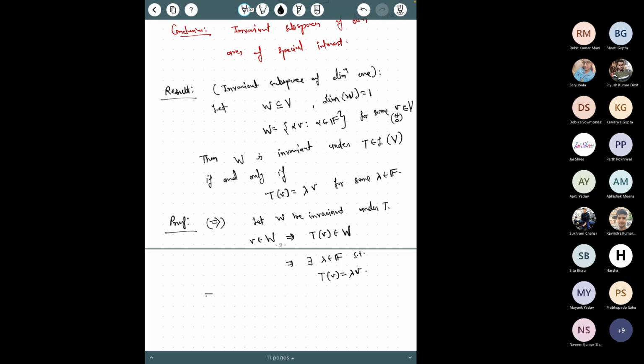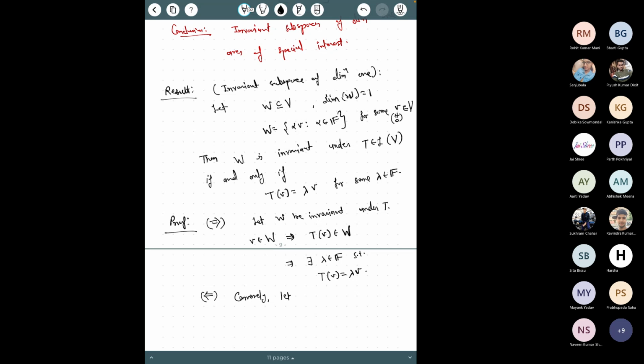Similarly, you can prove the other direction.